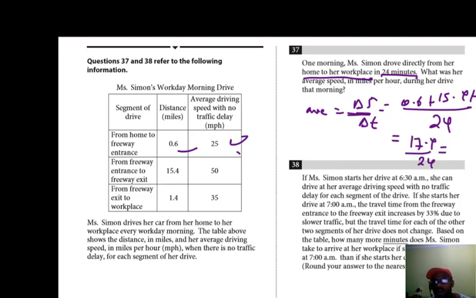When you operate this, 70.4 over 24, you will have 0.724, but the unit is miles per minute. So we need to change this to hours, so you multiply by 60. Times 60 gives you around 43.5.